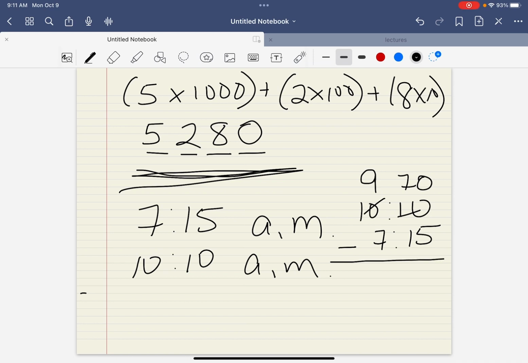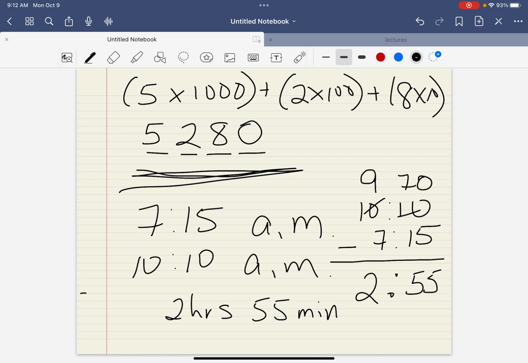So 70 minus 15 is 55, and 9 minus 7 is 2. So it took him 2 hours and 55 minutes to do the marathon. That's really fast because a marathon is 26 miles. So that guy was really hauling. Okay, let's try another one.